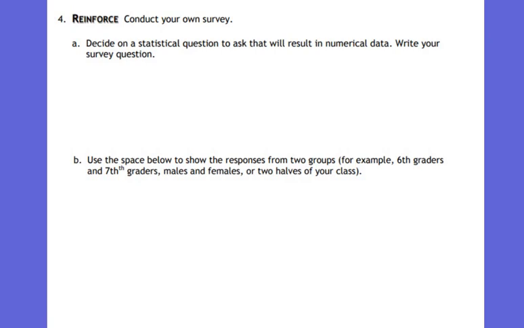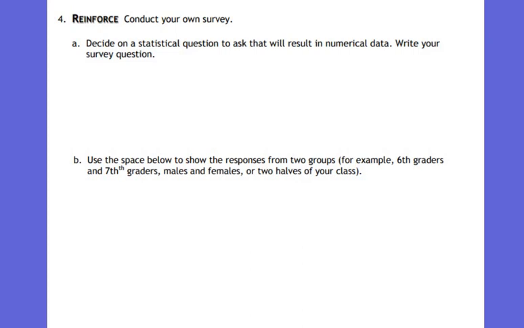So I could do boys and girls for 2 categories. I could do tall and short, or dark and light hair maybe, or you need 2 groups. Obviously, the boys and girls is going to be the easiest category.